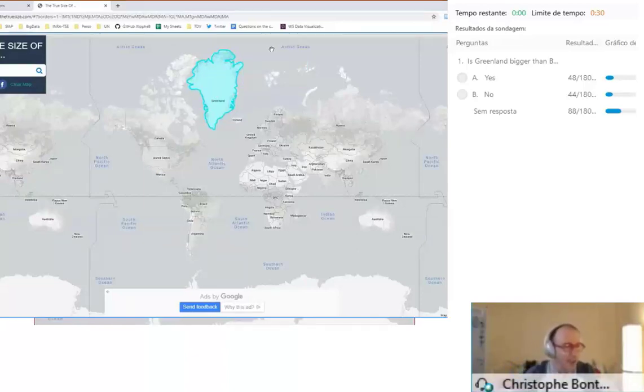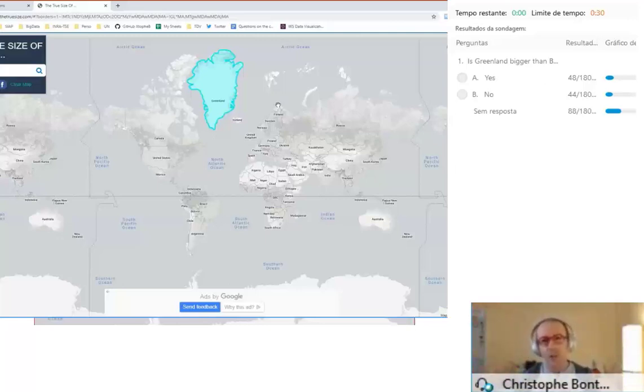So some people think that Greenland is bigger than Brazil, and in fact, it's because we have in mind this type of map. This map has been made with a projection that is called Mercator, and we all have that in mind. Yes, it's difficult to put something that is round or almost round on a flat surface, and so we have to distort, and probably we distort a little bit up north.